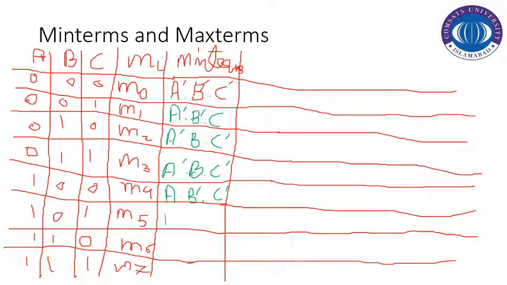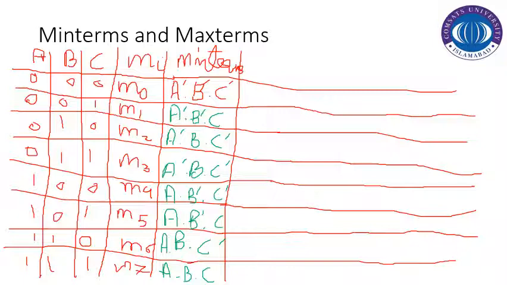For m5, that is A into B prime into C. Then m6 is equal to A, B into C prime, and m7 equals A into B into C. So these are the possible values of each combination of the truth table, and these are the min-term representations of those combinations.